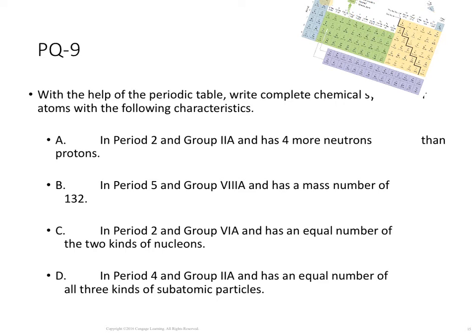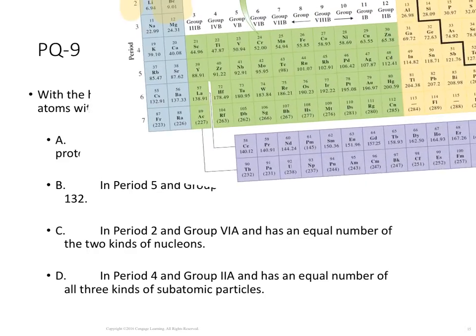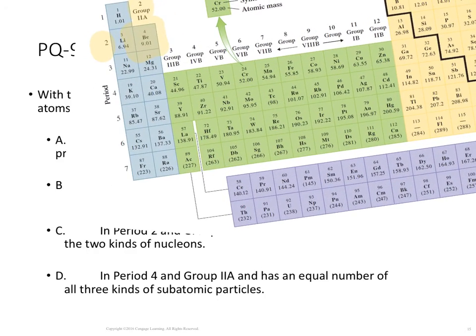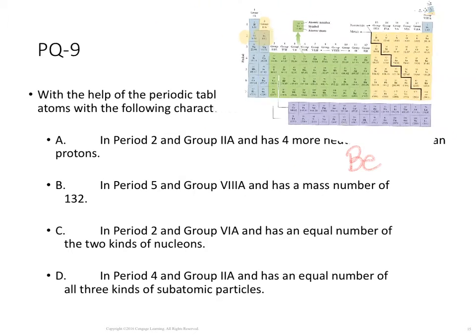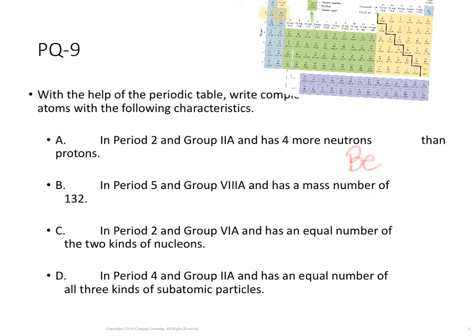So we have Be. Be, if we go back and look again, is number 4. So it's atomic number 4, which means there are 4 protons. And it says it has 4 more neutrons than protons. So that means there's 8 neutrons plus the 4 protons gives me a mass of 12.